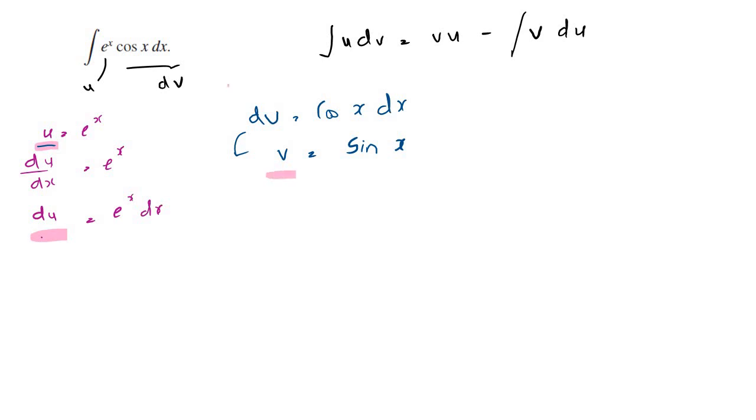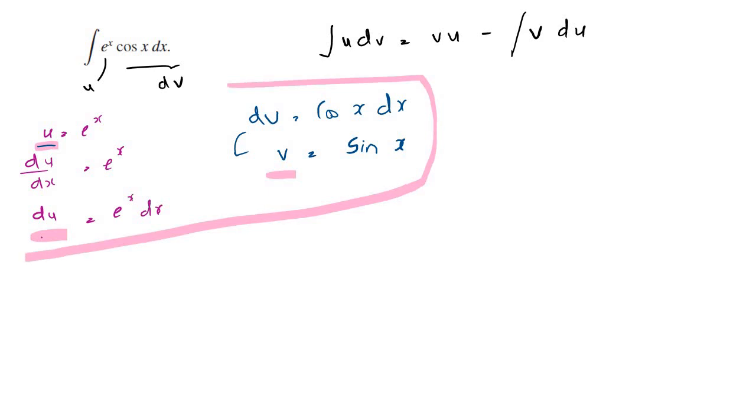So we can easily substitute it into this equation. We know the integral of e to the power x cos x dx is equal to u times v.